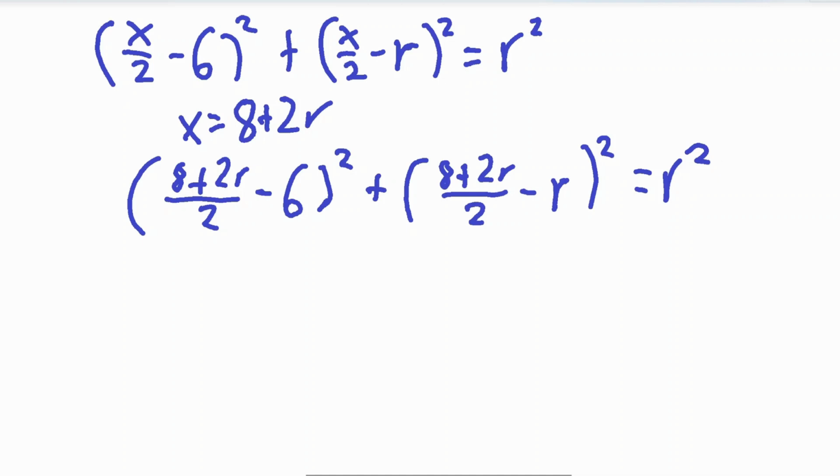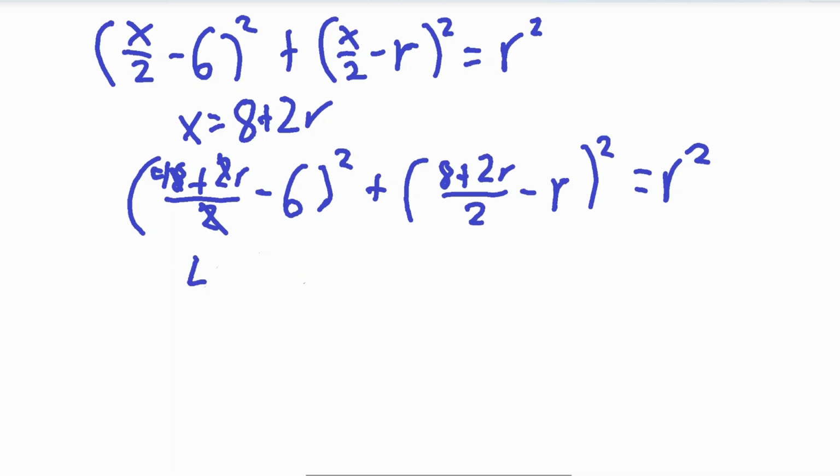So now let's simplify. This 2 in the denominator cancels out the top, so 2r becomes r, and the 8 becomes a 4. So we have 4 plus r minus 6, and 4 minus 6 is negative 2.